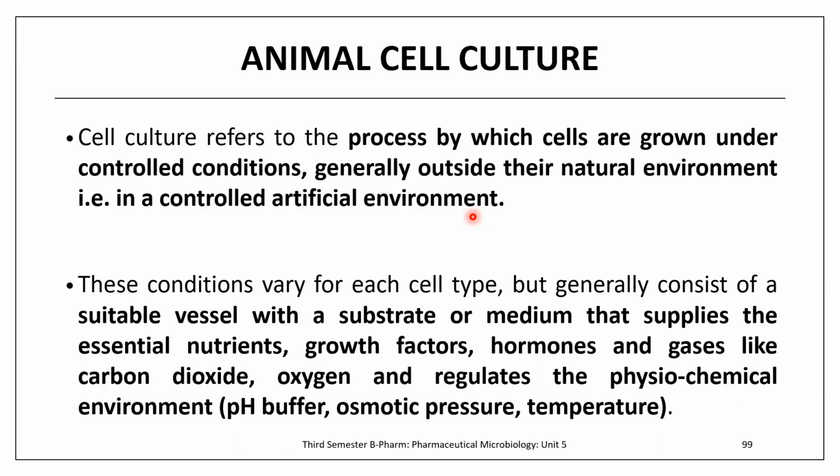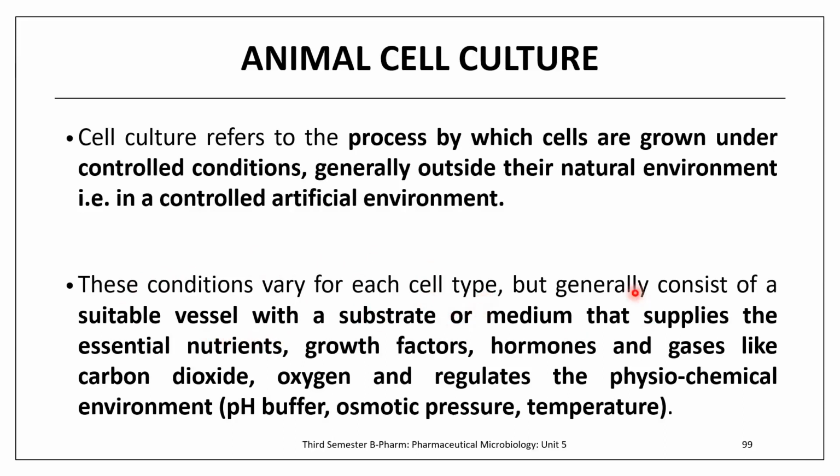But in animal cell culture, we are going to culture these animal cells outside of their natural environment. Each cell has different conditions, so the conditions will vary, but generally they need suitable vessels in which we grow the given cells.